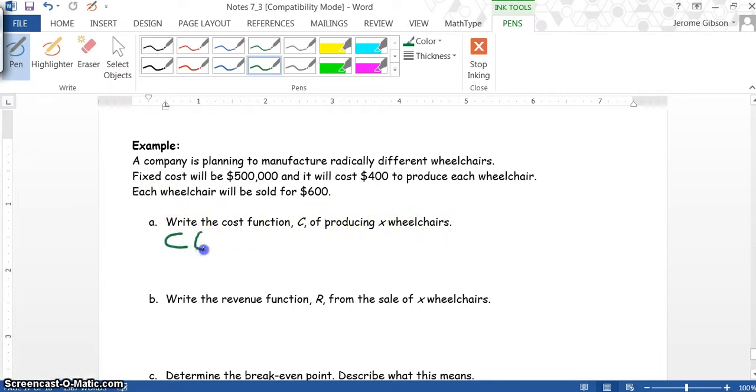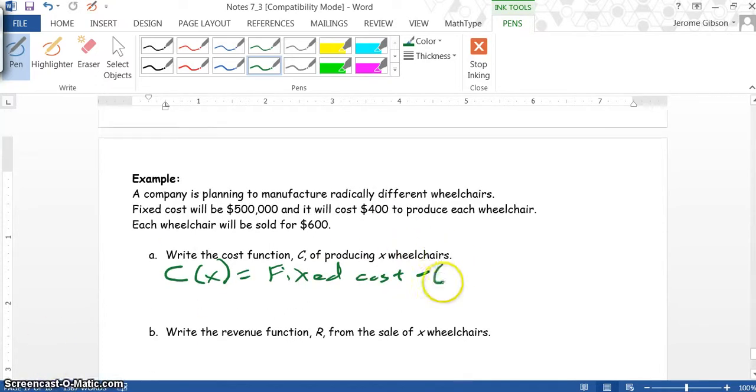So we will have C of x is equal to the fixed cost plus the cost per unit produced, and of course that's times x. I ran out of a little room here, so it'll be a parenthesis times x.